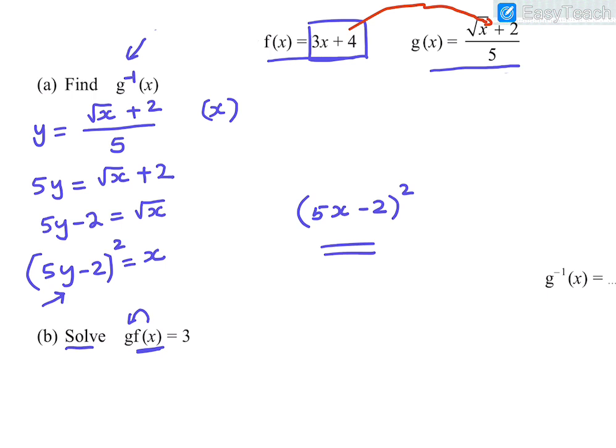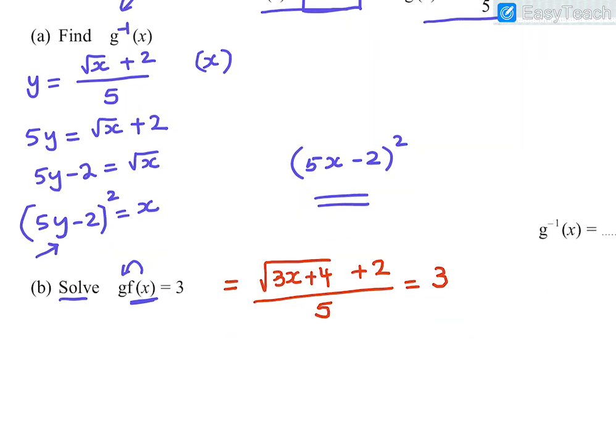So we start by writing, now because x is under a root, so that is going to be 3x plus 4 under that root, under the square root I should say, plus 2, and then divide by 5, and that should equal 3. So all we need to do now is solve this basically.